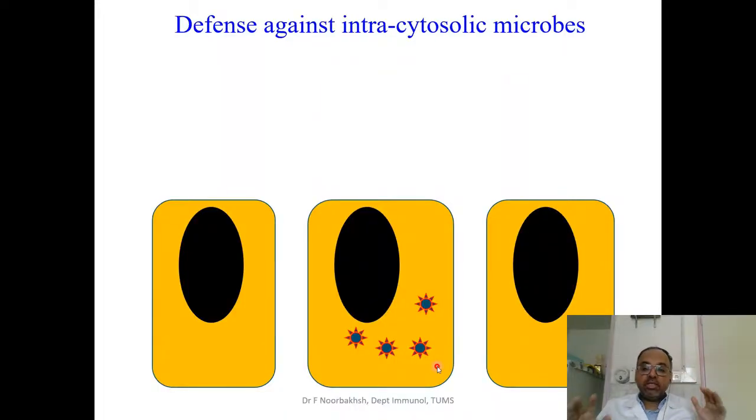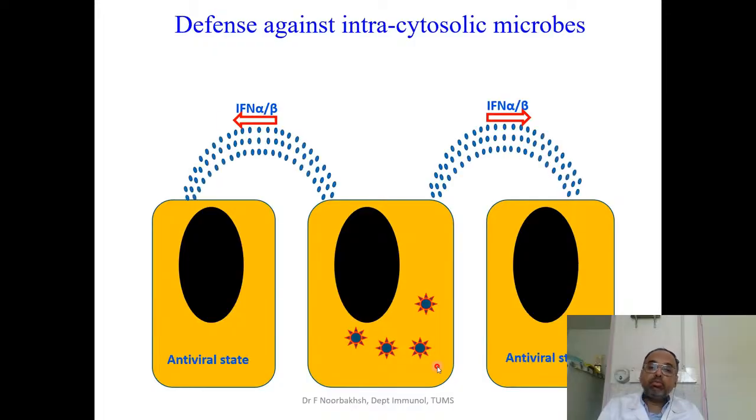So what happens in the first step of defense against intracytoplasmic pathogens is the production of interferons. So we talked about interferon gamma in previous slides. Interferon gamma is an interferon which is only produced by leukocytes, but the ones that we are showing in here are different types of interferons, interferon alpha and interferon beta.